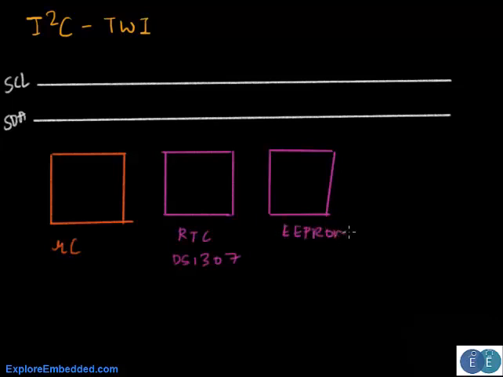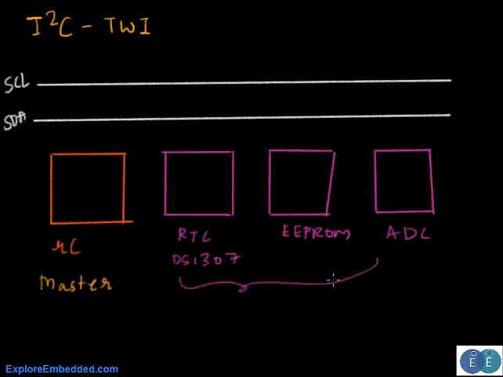Then there are ADCs and displays and whatnot. So there is a whole list of devices that work on this particular protocol. At any given point in time, one device is called the master, and all the other devices here are called the slaves.